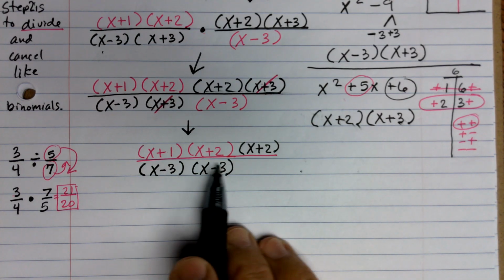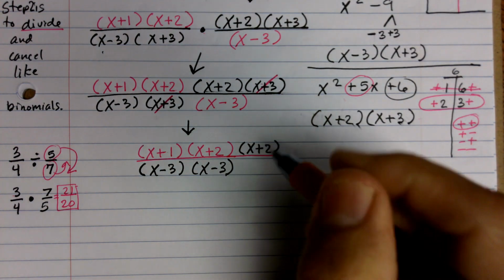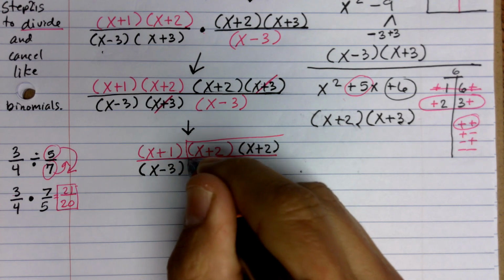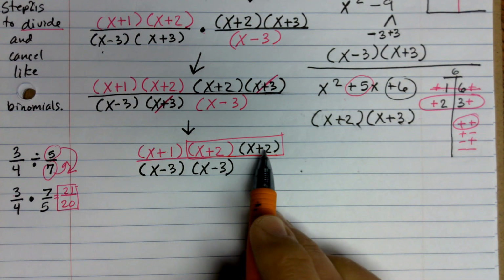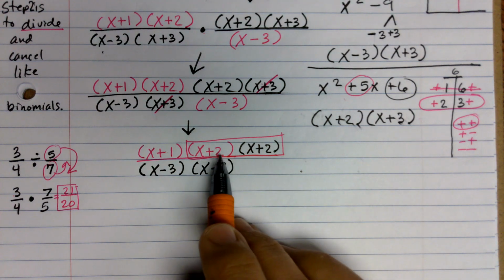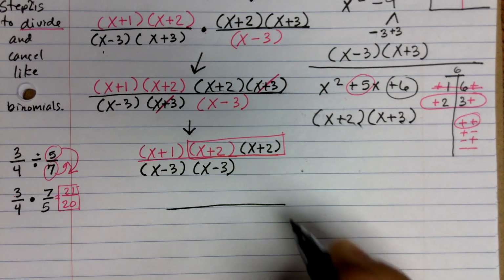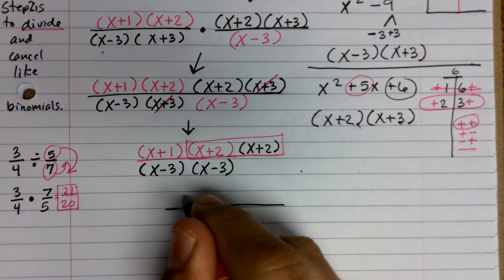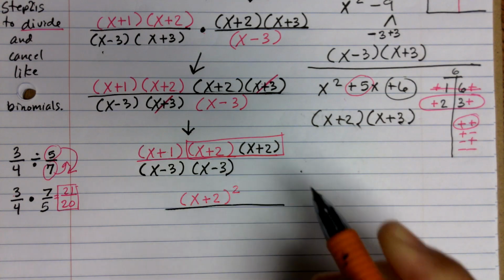So now that we're here, we're going to see if we can write this in a more simplified format. So first of all, I'm going to go ahead and box these two right here on top. Notice we have x plus 2, right? Two binomials that are being multiplied together, and they're the same. So when I rewrite this to make it easier, I'm going to just write x plus 2 one time, and I'm going to put squared, right?